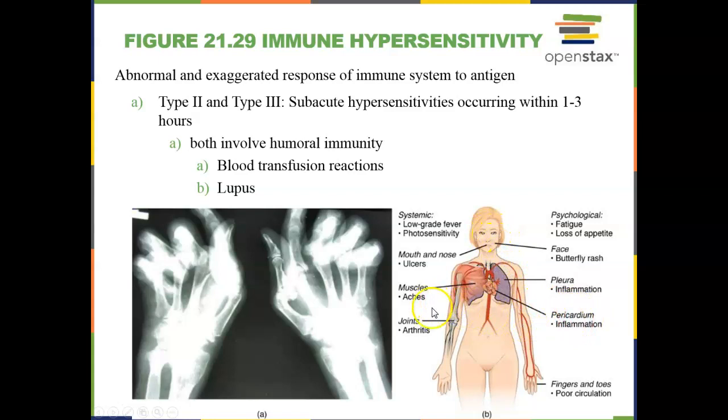It can cause aches and pains in your joints. It can cause inflammatory response in your lungs or in your heart. It can lead to poor circulation. It's a very painful and very debilitating disorder that can lead to death if not treated. So both of these can lead to death if not treated.